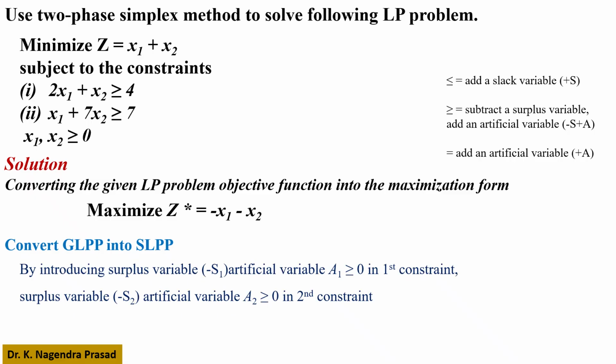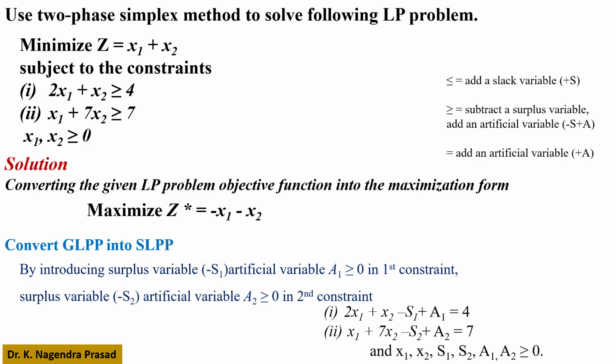So we have to introduce the surplus variable minus s1 and artificial variable a1 in the first constraint. Similarly, the second constraint is x1 plus 7x2 greater than or equal to 7. So we have to introduce the surplus variable minus s2 and artificial variable a2 in the second constraint.